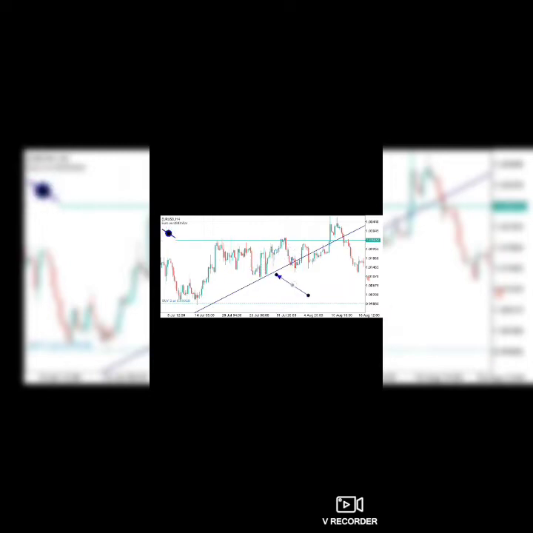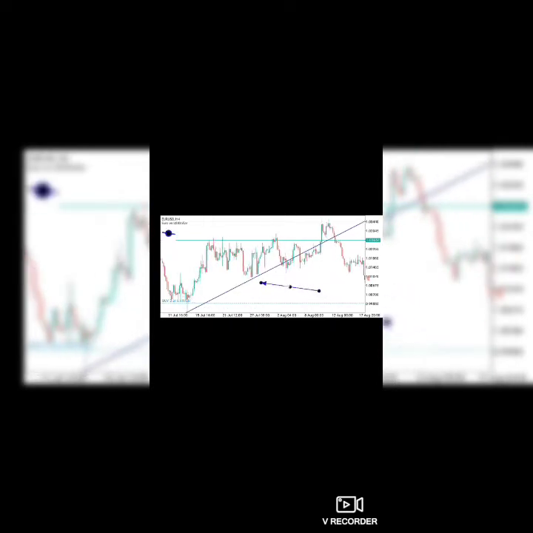Now watch, you have drawn this trend line. Mostly to draw a trend line you need 2 points. This is the first point, this is the second point. Now if for instance you miss this signal, I know it's not easy, someone can miss this signal. See this bullish candle?